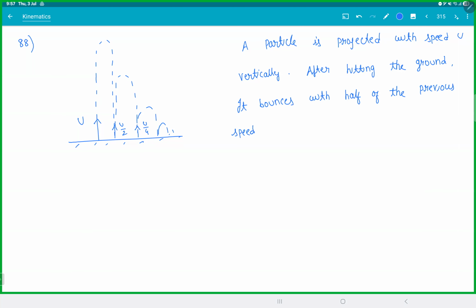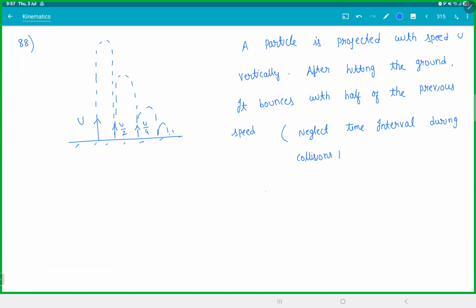Neglect any time during collision. So during collision, there's actually a slight time interval. We are going to neglect that collision part with the ground. Remember the sign convention, up positive, down negative. We will stick to that same convention.